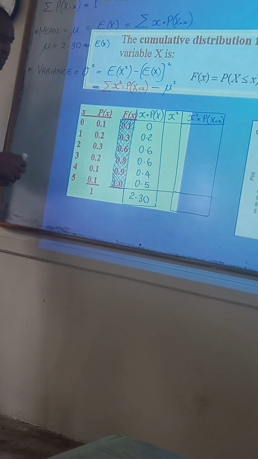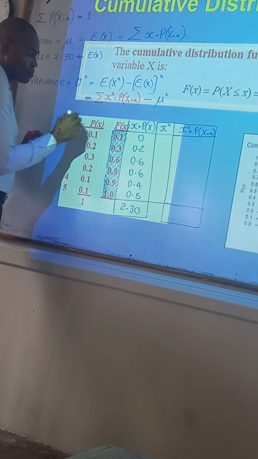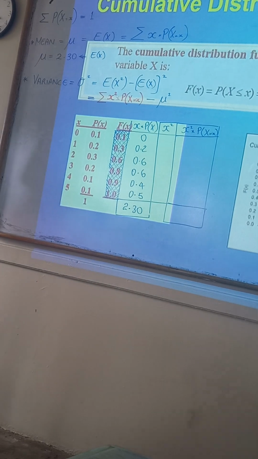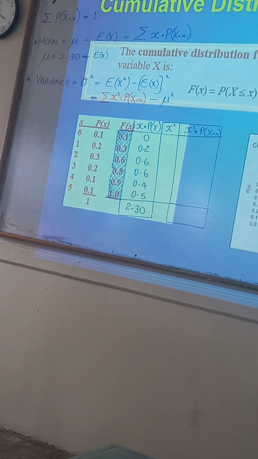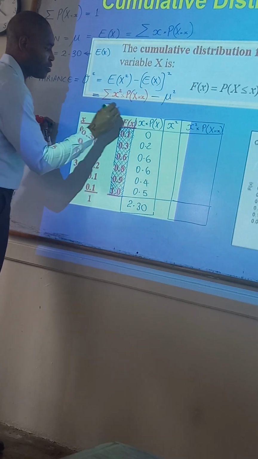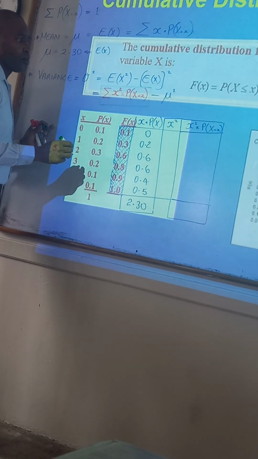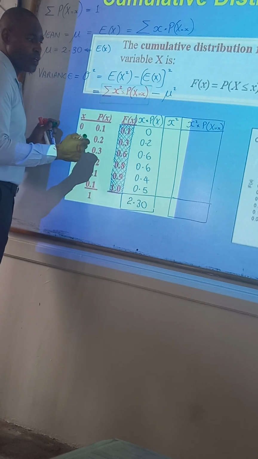And then we add them. So this part right here is the expected value of x squared.